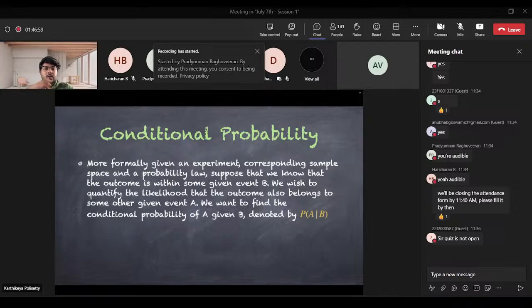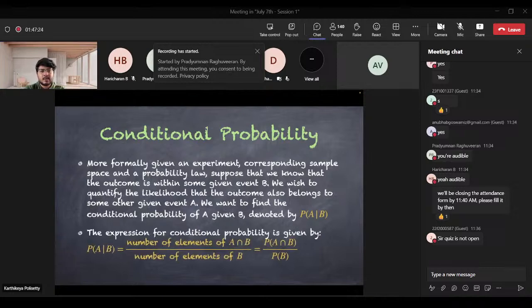So B is the event of getting head in the first toss. And what is the event A? So getting both heads is our event A. So we want to calculate the conditional probability A given B, that is getting both heads given the first toss is a head, which is denoted by P of A given B.